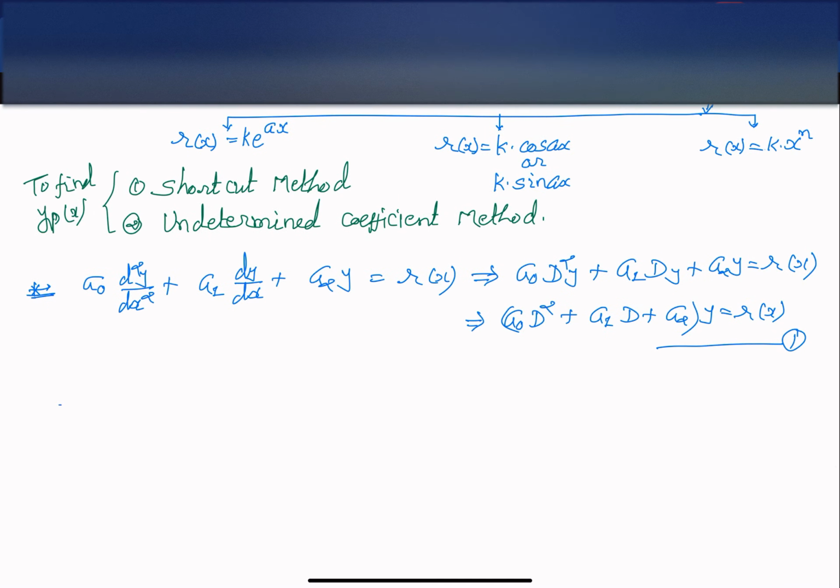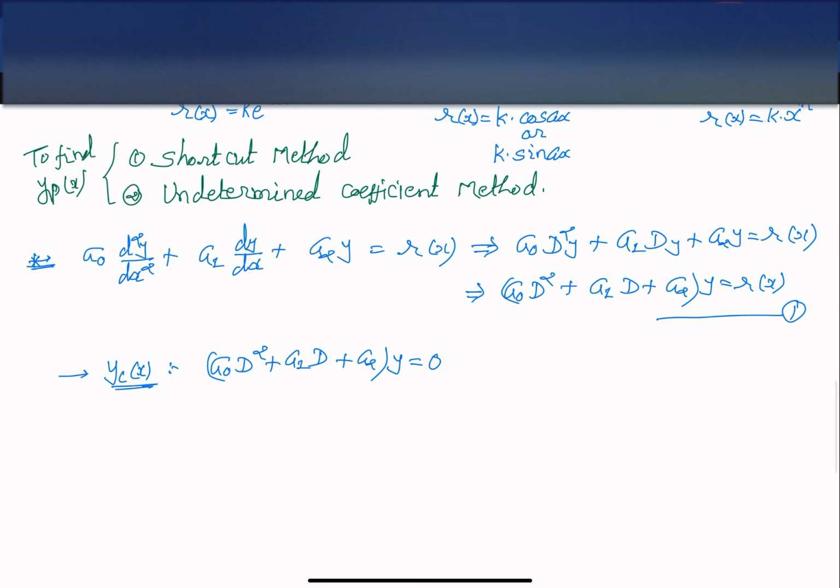So first I find yc(x). For yc(x), we consider the equation (a0 D^2 + a1 D + a2) y = 0 irrespective of R(x). Whatever R(x) I have been given, I always write 0 here to find yc(x). And so, what is my auxiliary equation?